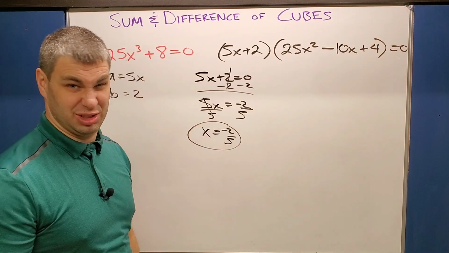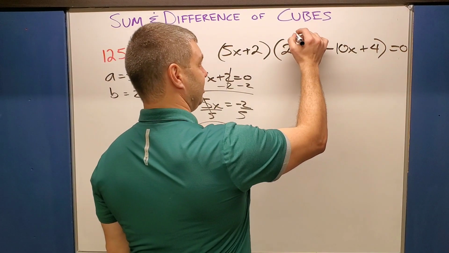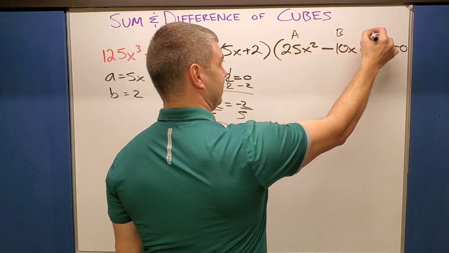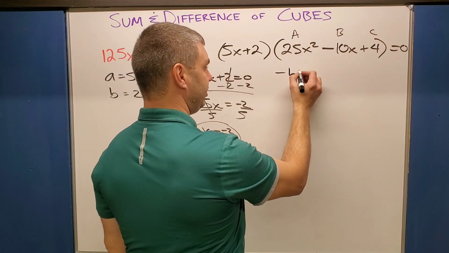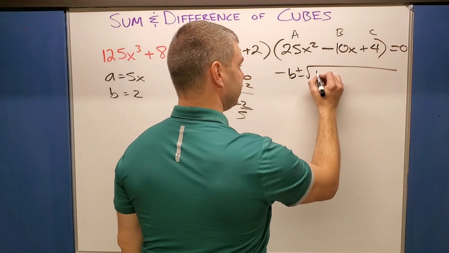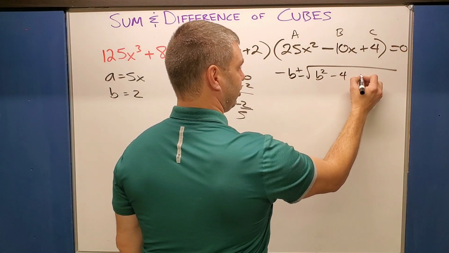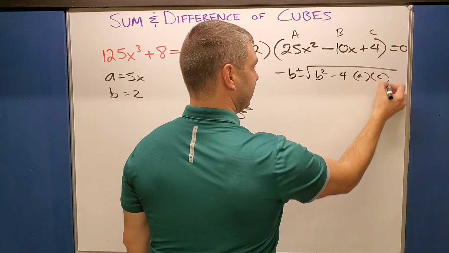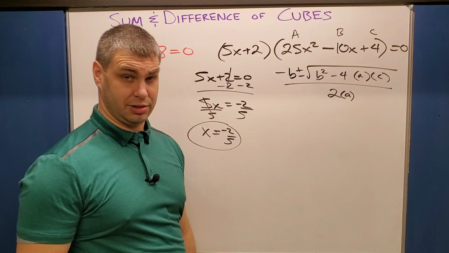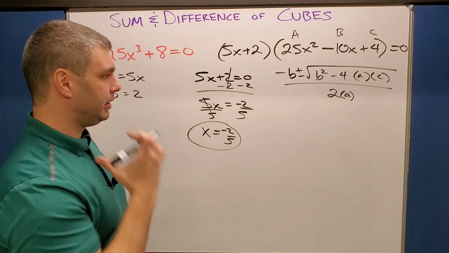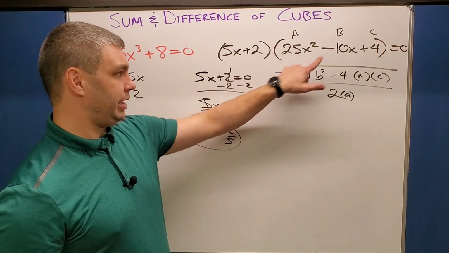And it's not going to look too nice, okay? So now I'm going to put up a new A, B, and C. If you remember your quadratic formula, that's negative B plus or minus the square root of B squared minus 4 times A times C, all divided by 2A. If you don't remember that, I do have other videos on the quadratic formula. You can check those out. But in our case, my B is negative 10.